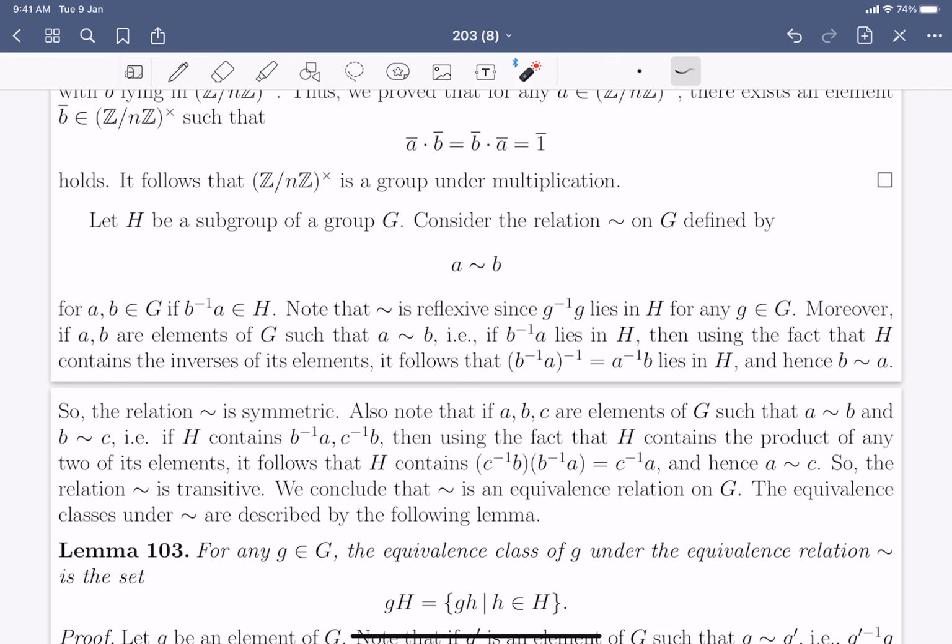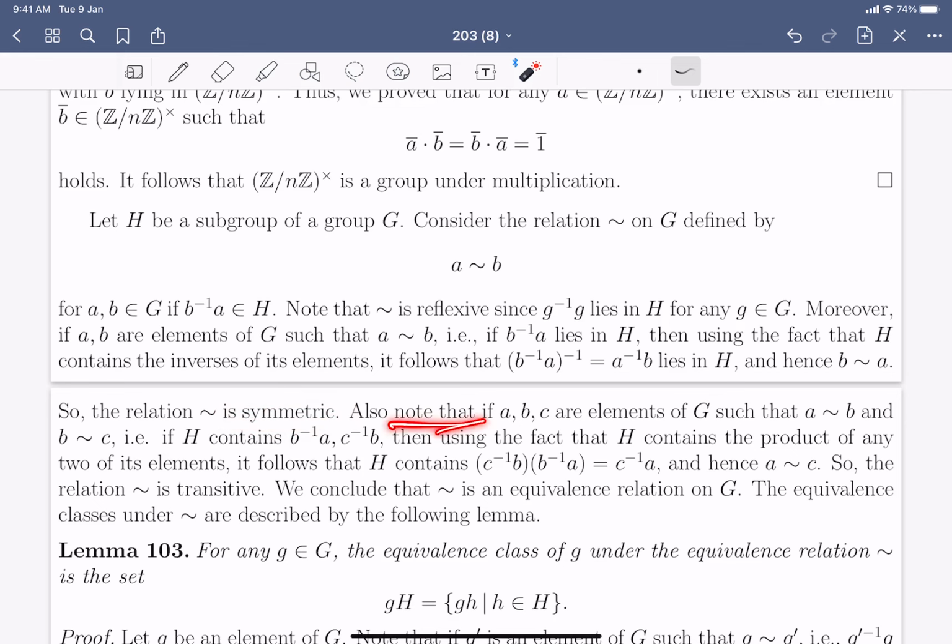Since H is a subgroup, the inverse of b inverse a, which is a inverse b, lies inside H. That proves that b is related to a. So we have established that this is symmetric.